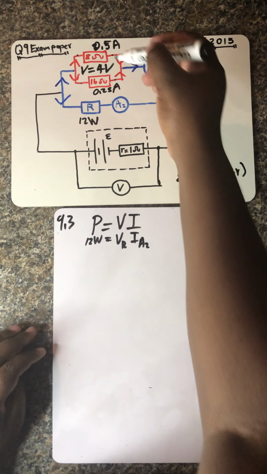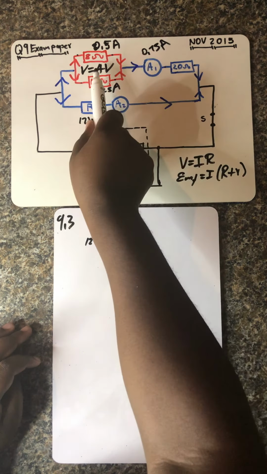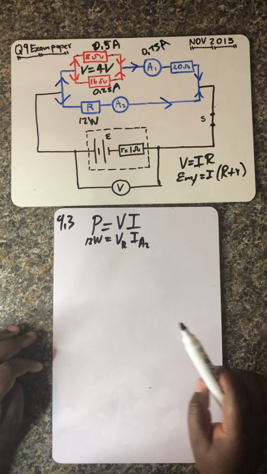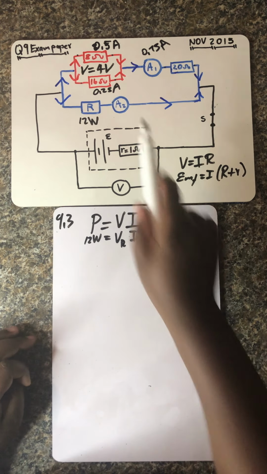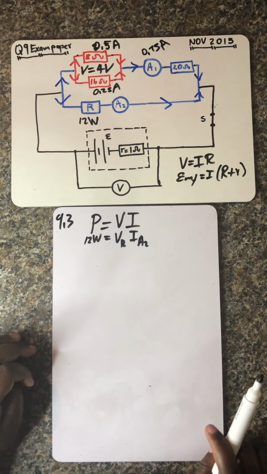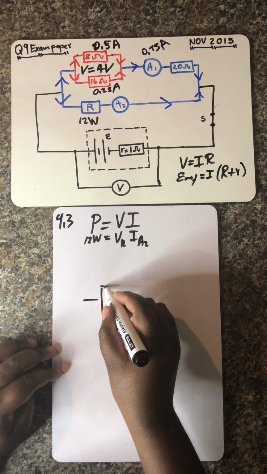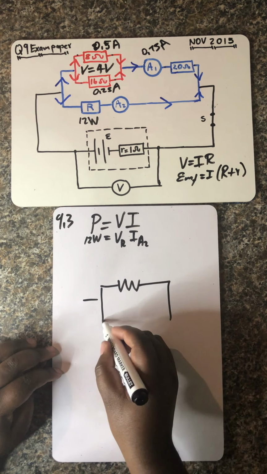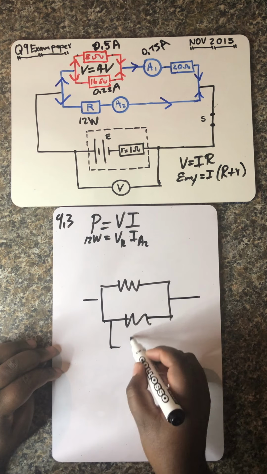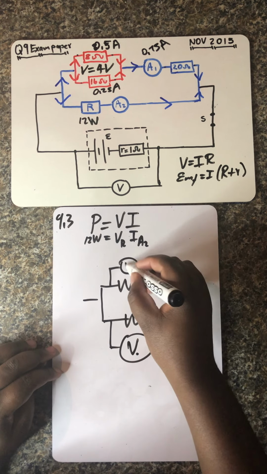If we combine the voltage of these two resistors, we can still apply the same rule where the V of this combination will be the same as the V of R. I'm not sure if you remember, guys. You remember we said if we've got a connection, this is R and then this is a resistor. We said if we can have V there, so this V is the same as that V, right?